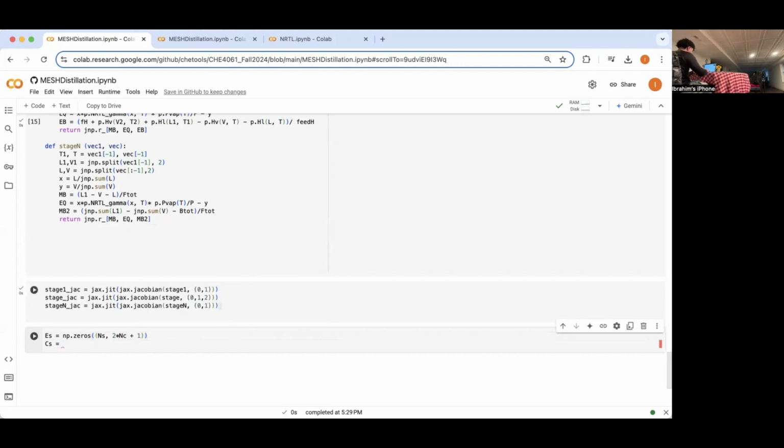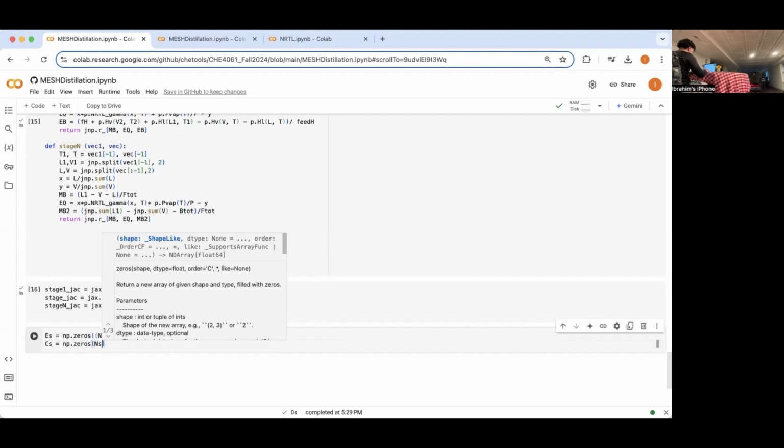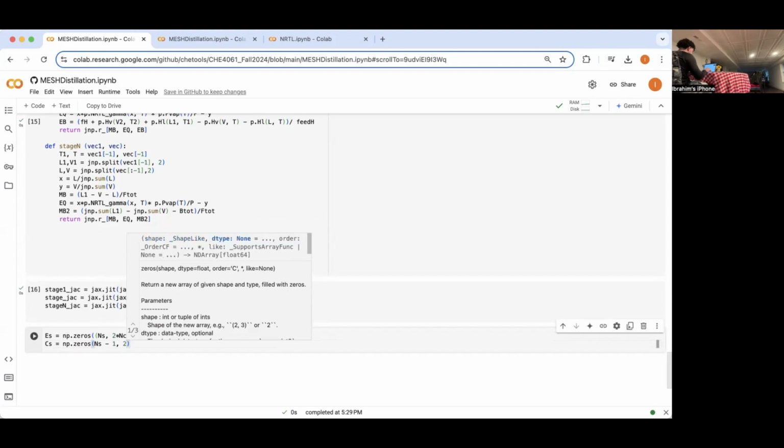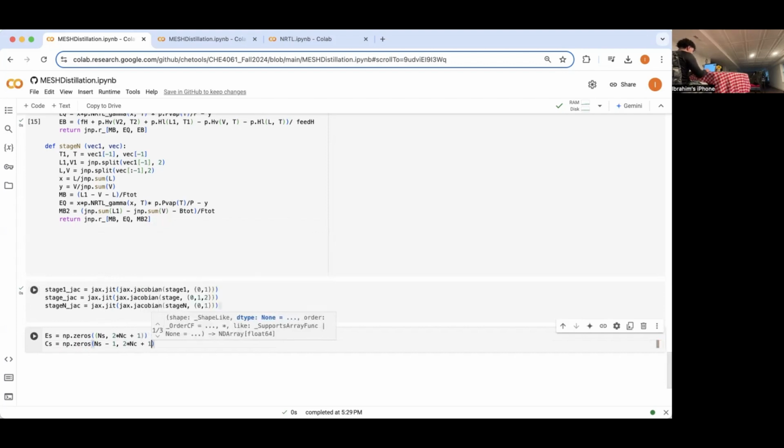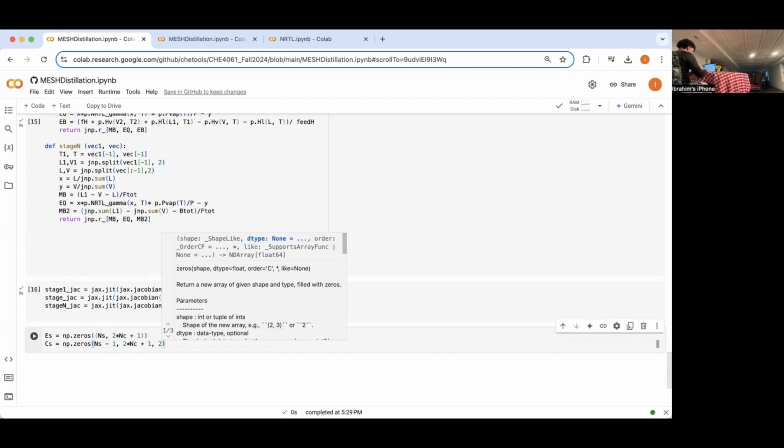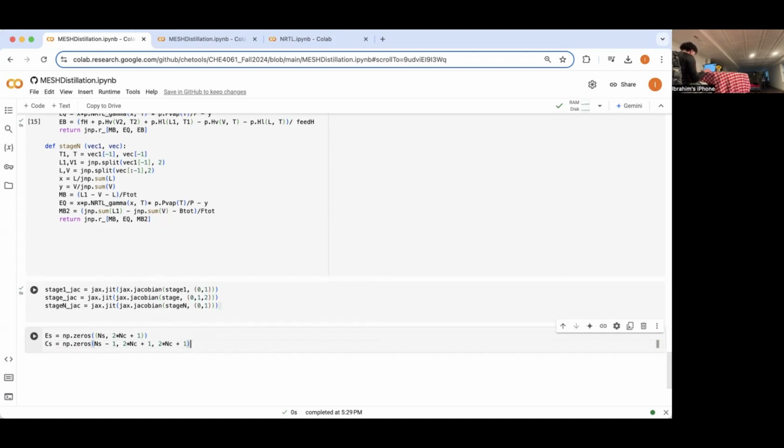Then again using our zeros function, np.zeros, this one will be for our number of stages minus 1, and then 2 times number of components plus 1, plus 1, and then 2 times number of components plus 1 again. Okay, that should be good. Let's do what we did for the other one. I believe I messed it up. No, 2 parentheses here. Okay, so shift enter that.